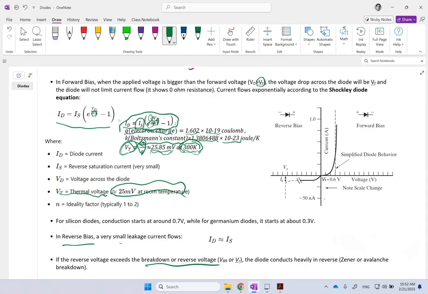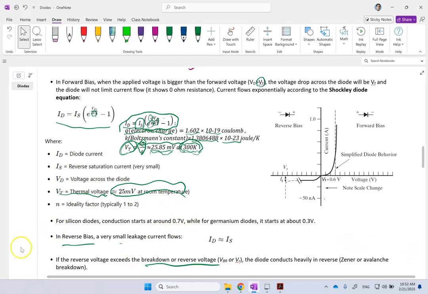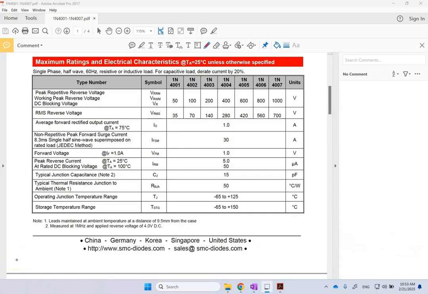And I'll show you right now in a data sheet. So here is a data sheet that I found on the internet, for the 1N4001, 4002, 4000 series basically. In these rectifier diodes, there are some numbers, and the one that you want to see right away is the reverse current, this guy here.